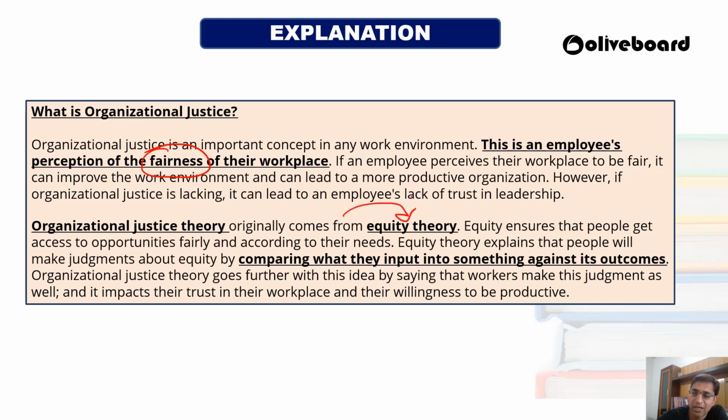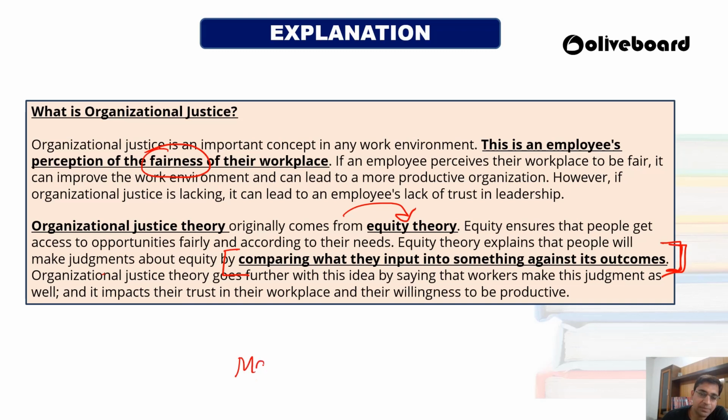Equity theory means if I am getting something here, my peer should be getting the same at other places. Employees compare their position with peers at the same level and then check whether the outcome is good or not, and this judgment impacts their trust.